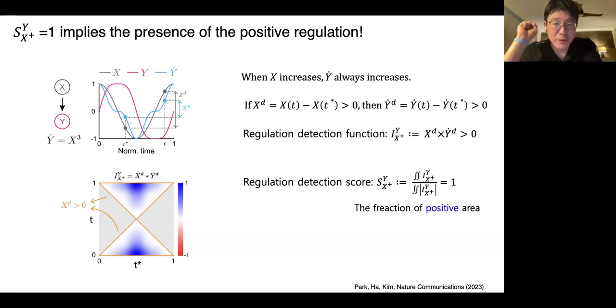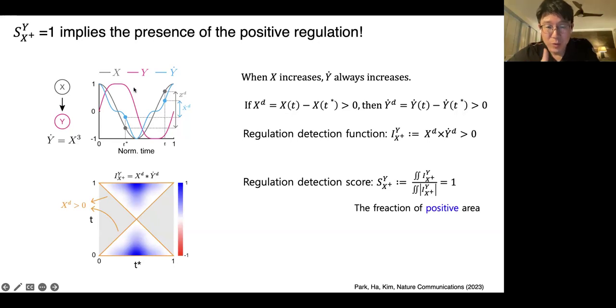Although this is a simple idea, it is very powerful, because to draw this regulation detection function, we just need time series data. We don't need to know what the specific equation is. From the time series data, we draw this regulation detection function. And if this function is always positive, then we can say that there is positive regulation from x to y.